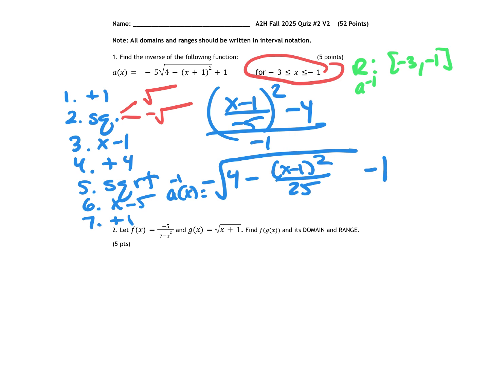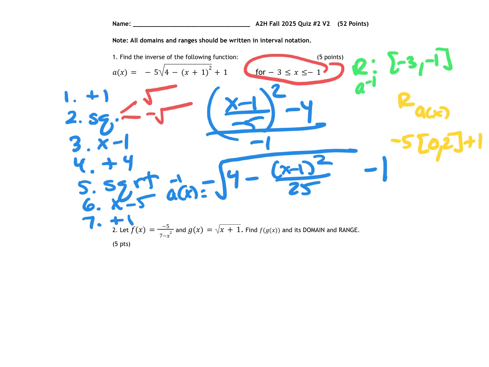So notice this inverse also has a variable quantity that is squared. So it too, in order to have an inverse, will have to have a restriction. And to find what the restriction is, we're going to look to the range of the original. So the range of A of x, -5, the smallest coming out of that square root will be 0, and the biggest will be the square root of 4, or 2.